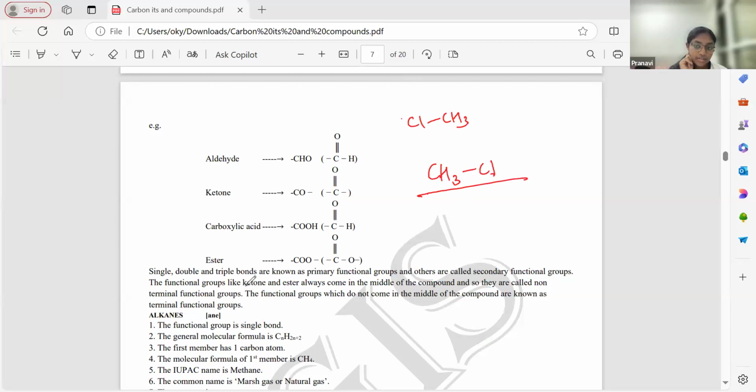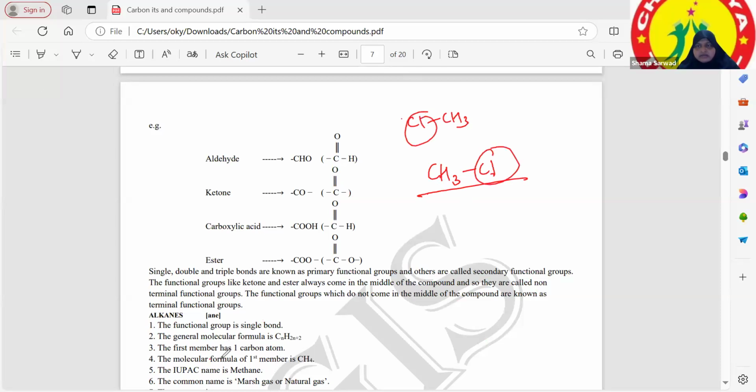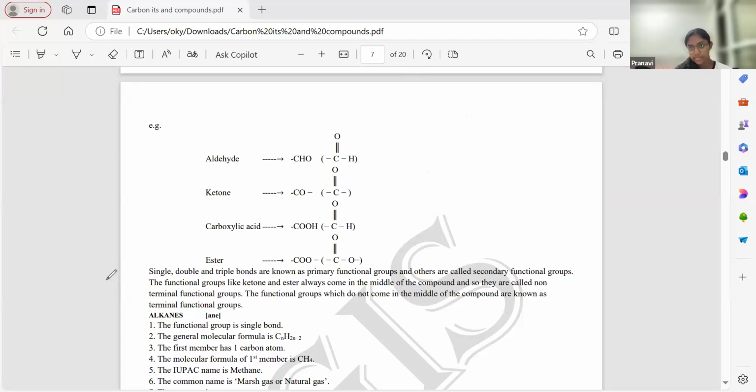So chlorine is a functional group in this case. Yes. There are certain exceptions, but most probably it comes at the last, or else in between. But it is possible for it to come in the front. Either at the terminal, and if it is non-terminal, then it is in between the compound, the middle of the compound, you can say.